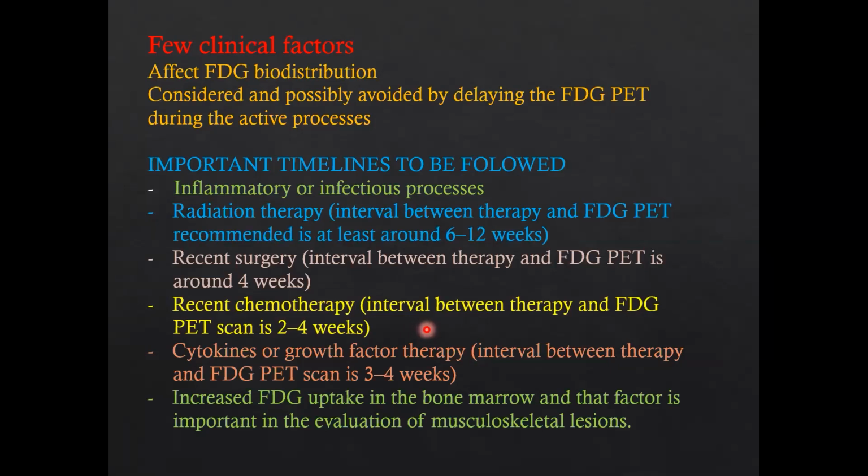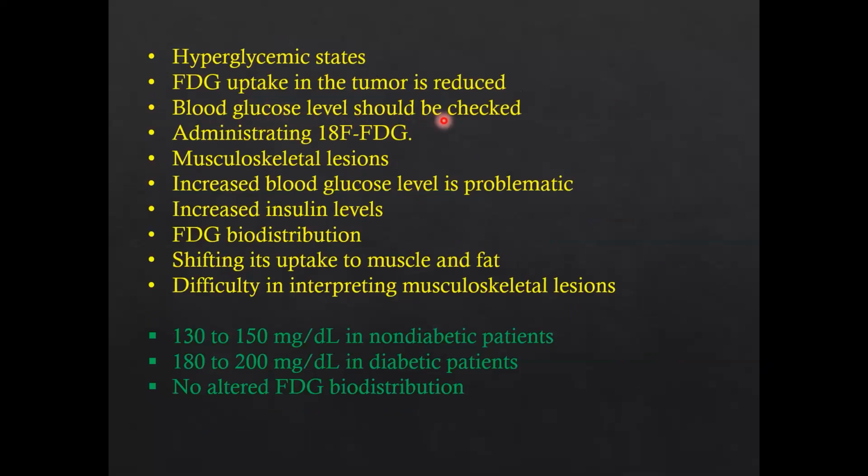Coming to hyperglycemic states, FDG uptake in the tumor is reduced. Blood glucose level should be checked, which is very important before administering the FDG. If there is increased blood glucose level, it is problematic, and with increased insulin levels the FDG biodistribution shifts its uptake to muscle and fat, making it difficult to interpret musculoskeletal lesions.